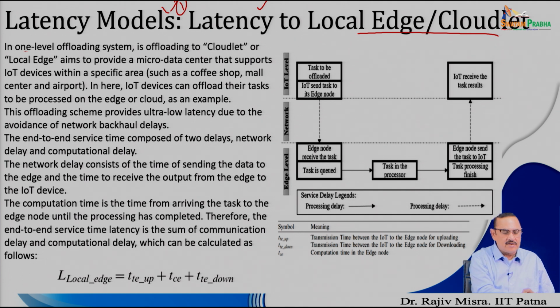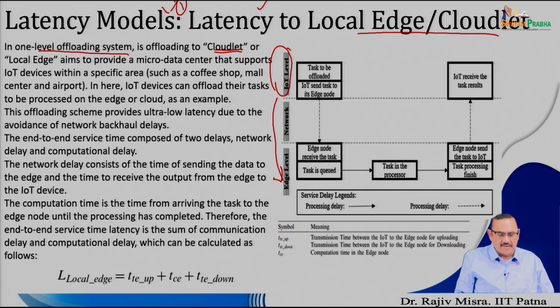So, this is called the first level offloading system, that means the IoT devices. Here you can see that these IoT devices are offloading through the network their tasks to the cloudlets, or sometimes it is called the local edge. So, this local edge or cloudlet supports a micro data center, and this micro data center is quite a small data center compared to the cloud data center.